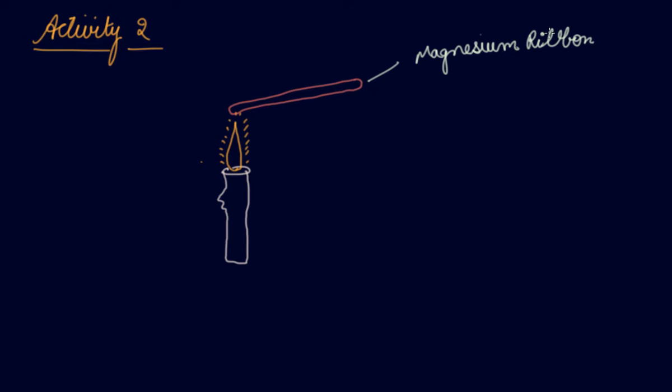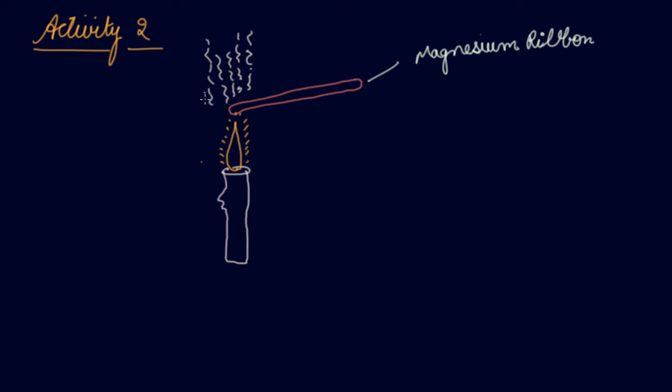Now when you burn this magnesium ribbon in the air, you get smoke out of it. The smoke you see is very dangerous for health, for your eyes, so do not look at this smoke for a longer period of time.